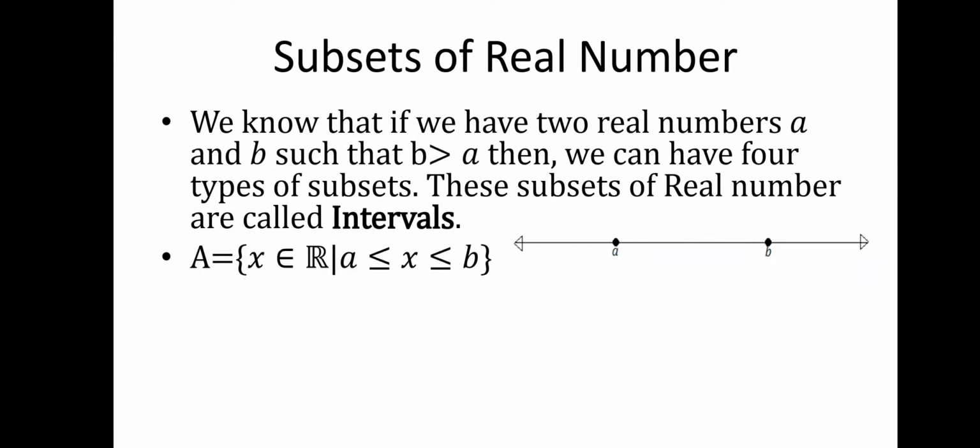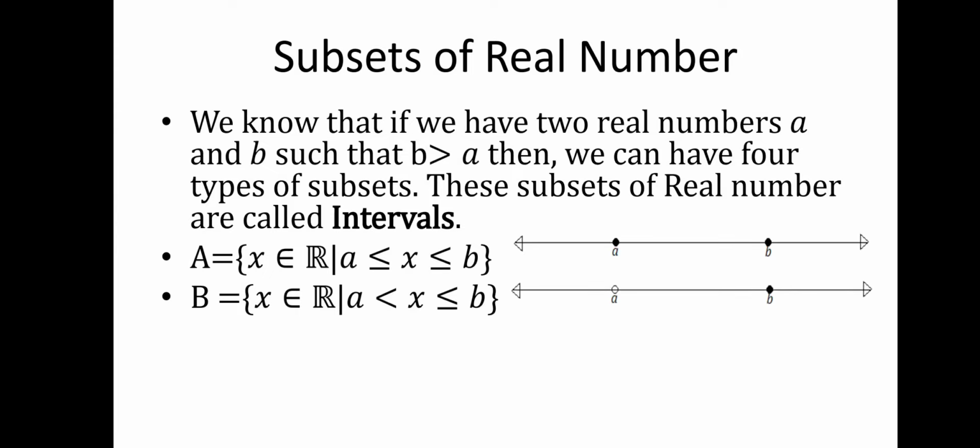Now the next one, x belongs to R, A less than x less than or equal to B. So again, I am considering all the real numbers between A and B, considering B but not considering A. So it is something like this. Easy for us to understand. This is something we have already done.